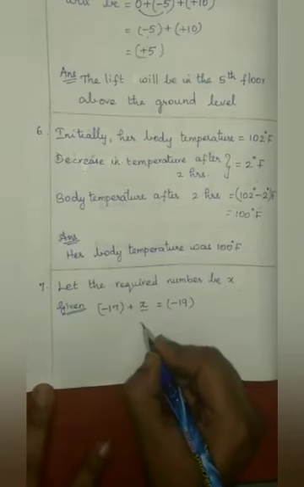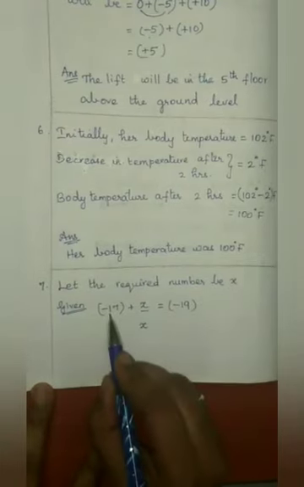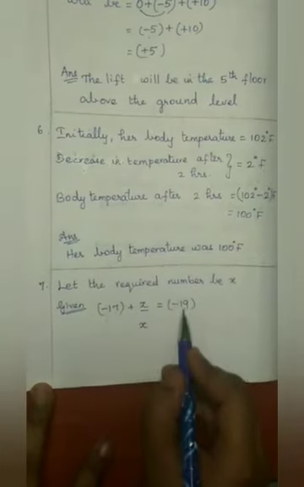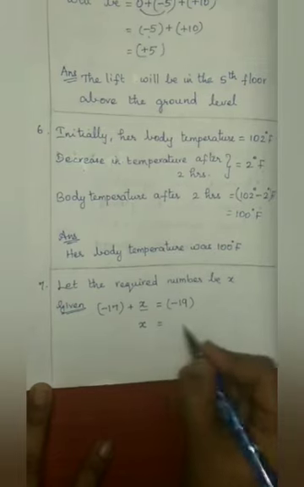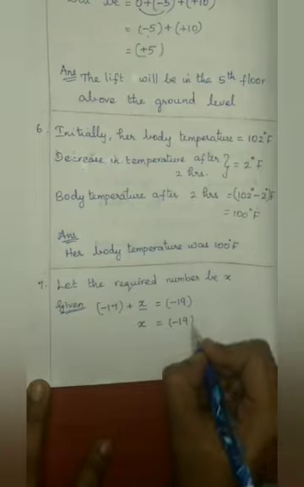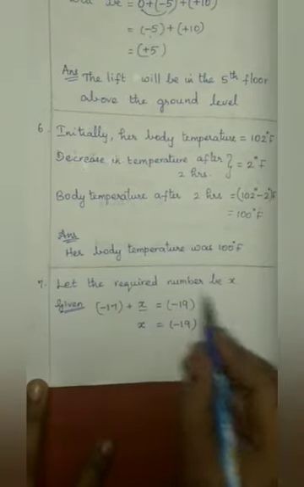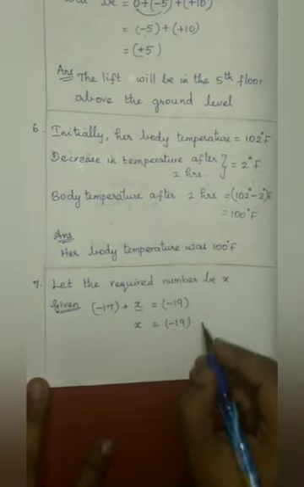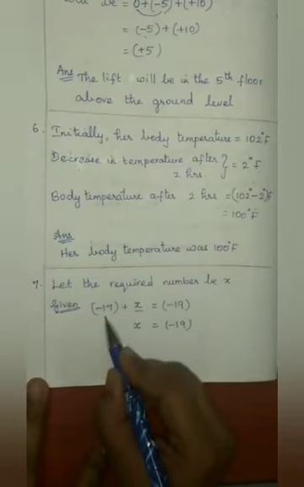Leave the x on the left side and take this minus 17 to the other side. We already have minus 19, isn't it? When you take this minus 17 to the other side, we have to change the sign of the integer.